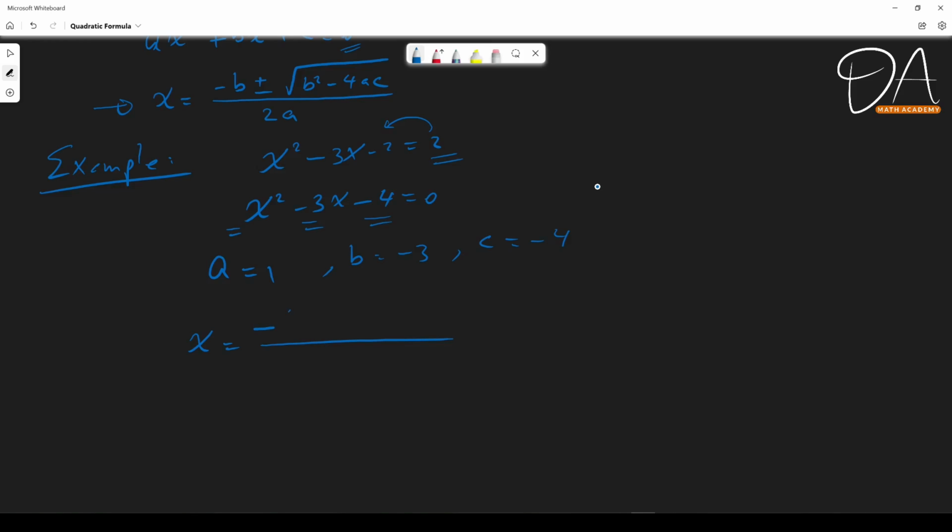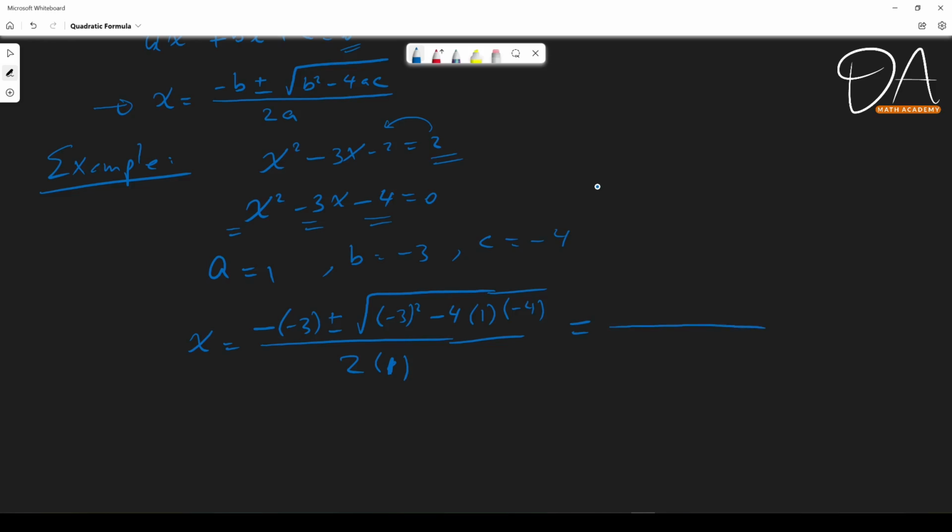So minus b, minus minus 3, plus or minus the square root of b squared, so we have minus 3 squared, minus 4 times a, which is 1, times c, which is minus 4. And this is divided by 2 times a, which is 1.